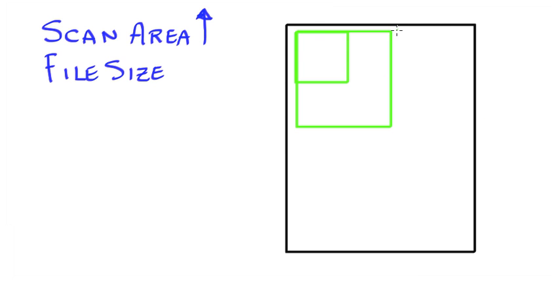My resolution has stayed the same. All my other scan settings have stayed the same. The only thing I'm changing is my scan area. So if I am increasing the number of inches horizontally and or vertically, my resolution is based on so many samples per inch. I'm now going to have more samples overall, and that needs to be stored. So I'm going to be increasing my file size. So as the scan area increases, the file size will increase.